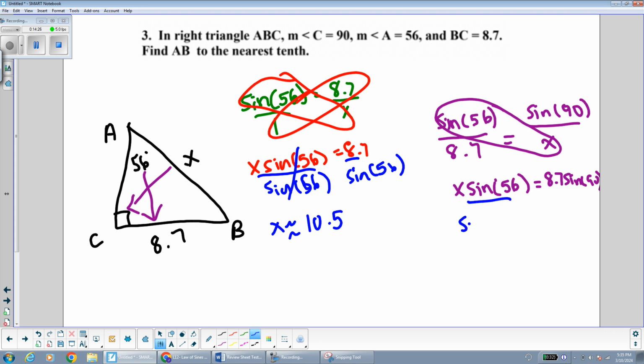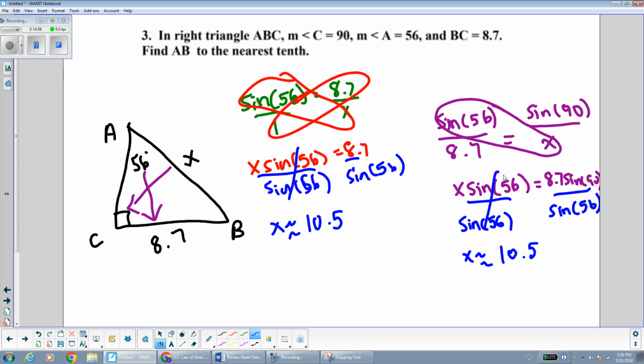Divide both sides by sine of 56. And on my calculator, 8.7 sine of 90 divided by sine of 56 is the same thing. It is approximately 10.5.